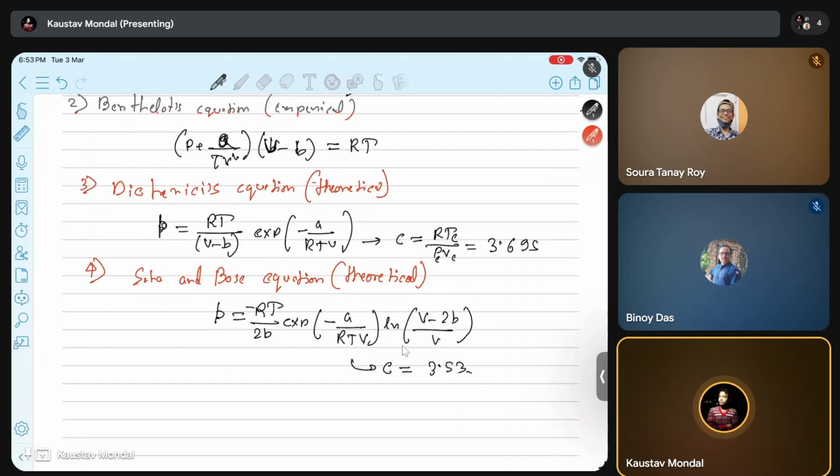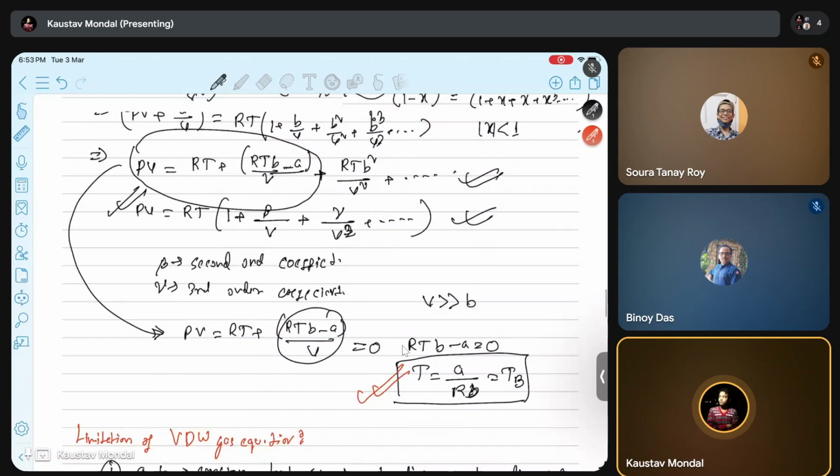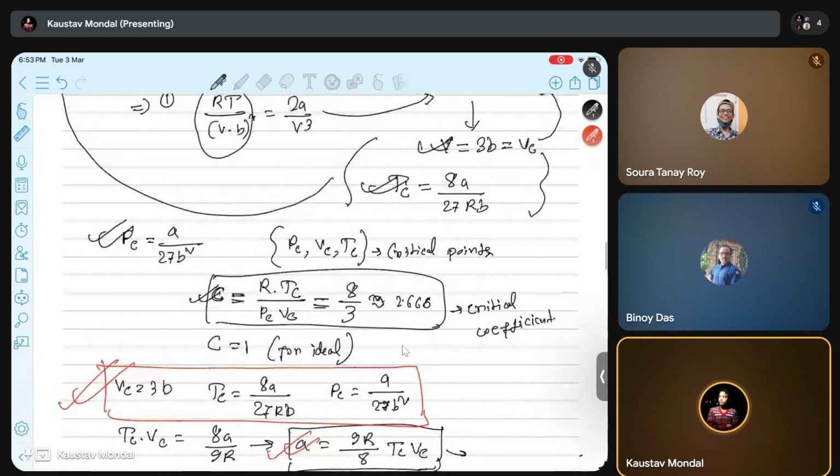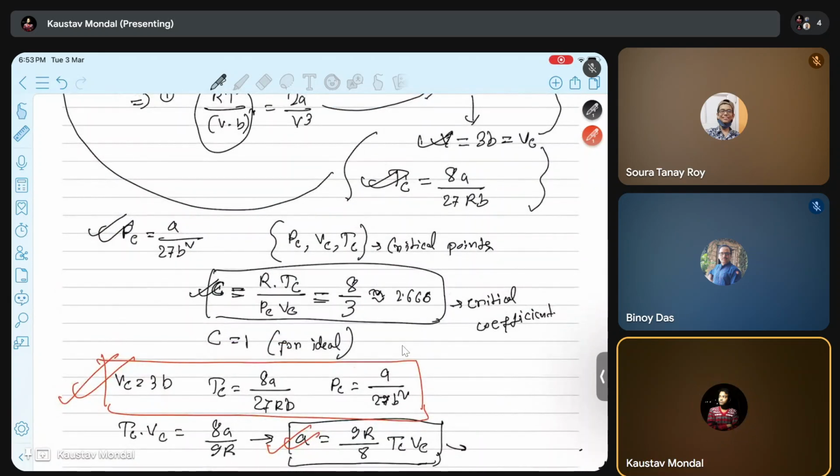For the van der Waals case, it was around 2.66, right, 2.66.